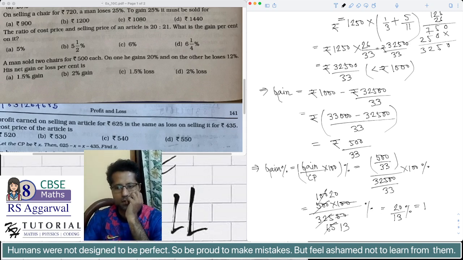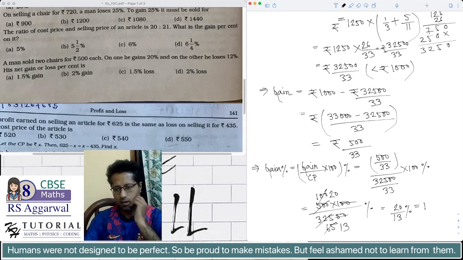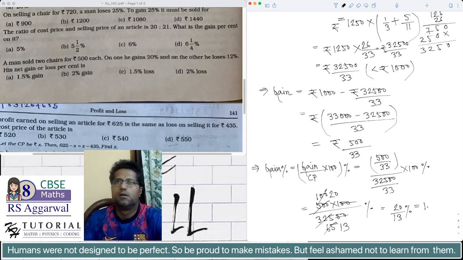The result is coming as an improper fraction, and in the choices there is no mixed fraction. They are all integers or decimals. So I have to convert 20 by 13 to a decimal.